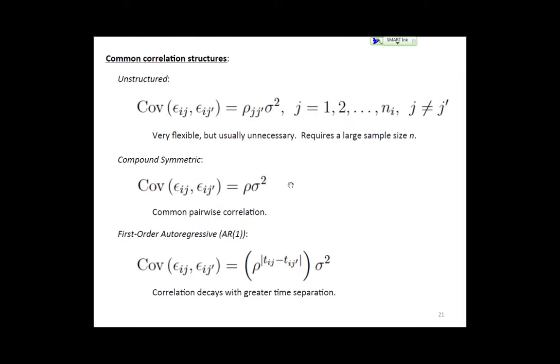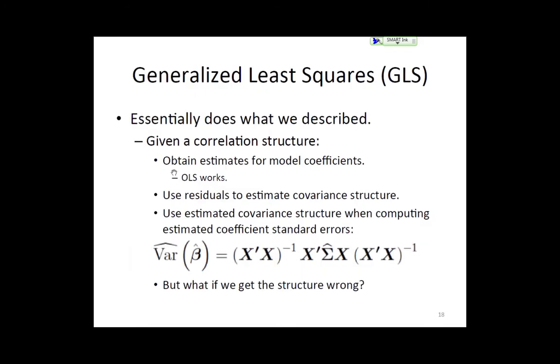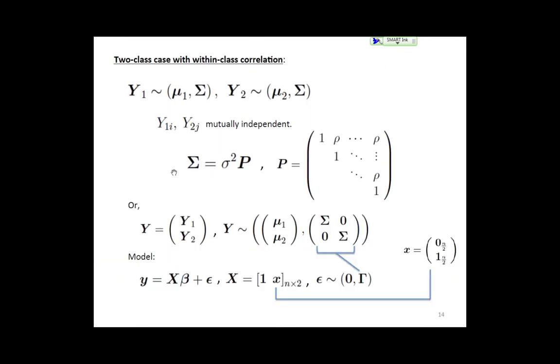Here's a couple of other widely used structures. One is called compound symmetric, and we have seen this one before as well. Compound symmetric looks like this. So the covariance, everybody we're assuming has the same variance right now, and every pair of observations has correlation equal to rho.